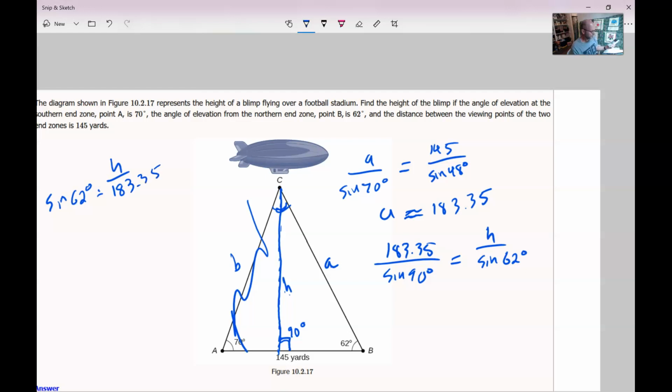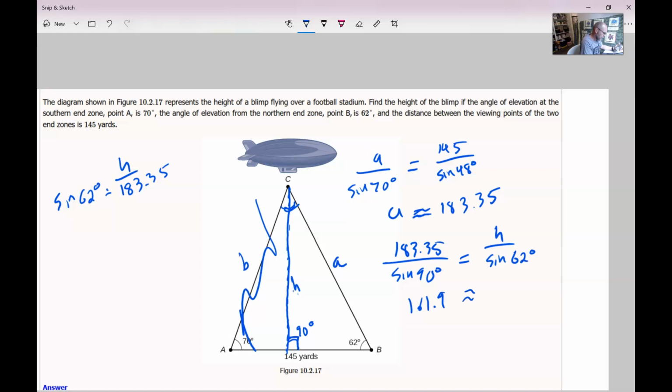So either one of these you solve, you should get the same answer. Of course, sine of 90 degrees we all know is 1, so you can see that you're going to get the same thing. You're just multiplying 183.35 times sine of 62 degrees.